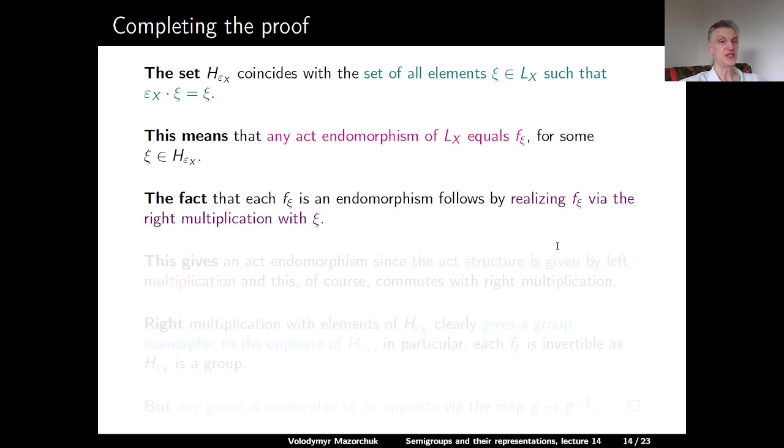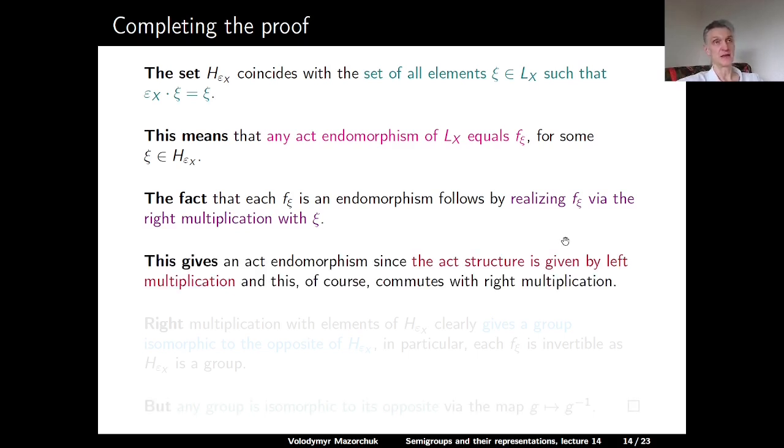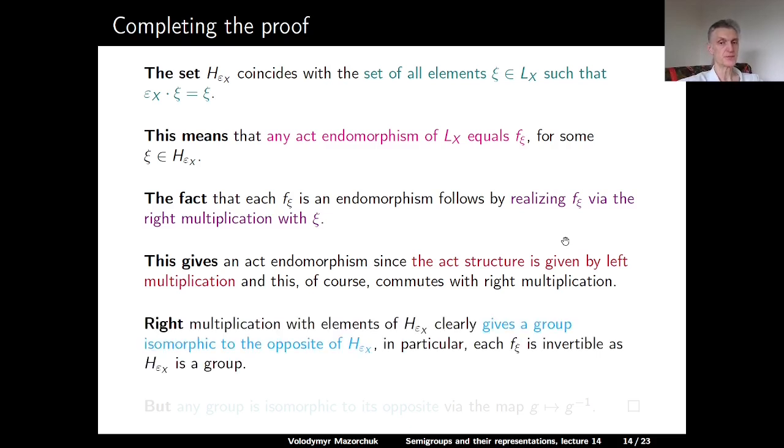The fact that each f xi is an endomorphism follows as soon as we realize f xi as right multiplication with the element xi. And then the right multiplication with an element gives an endomorphism of an act, because the act structure is given by left multiplication, and of course left multiplication commutes with right multiplication.